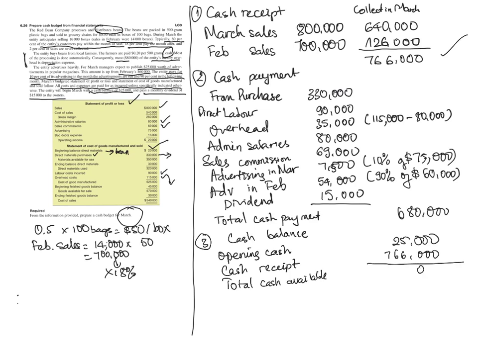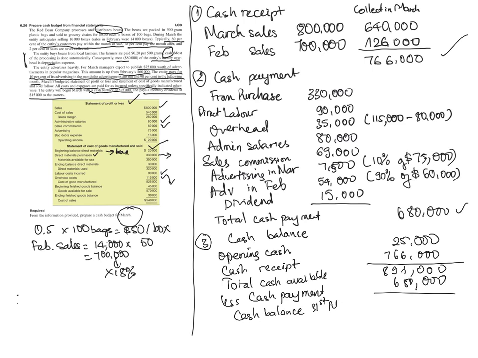You add them all, and then you less cash payment, which is this amount, 680,000, and then you have the cash balance at 31st March, which is 110,500. Okay, so that's it.